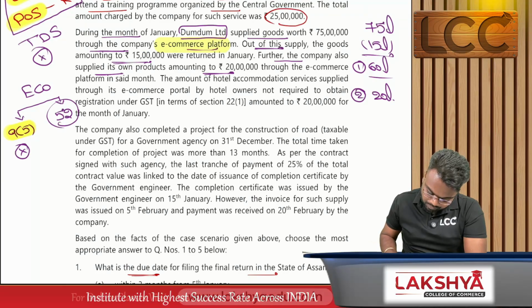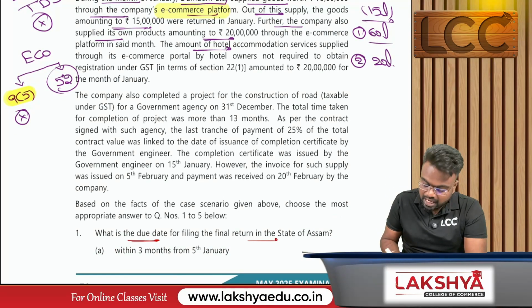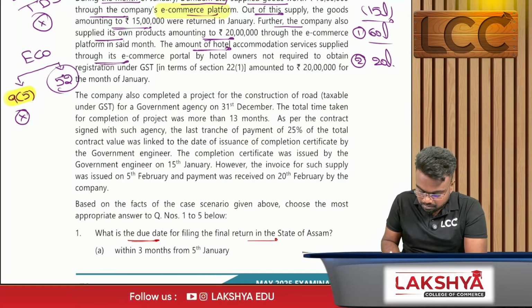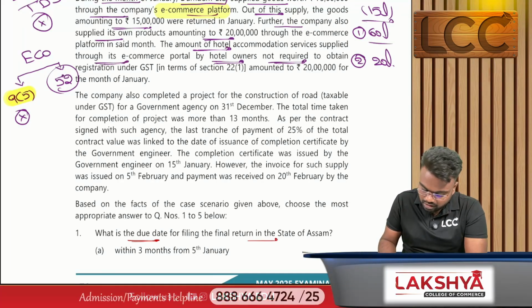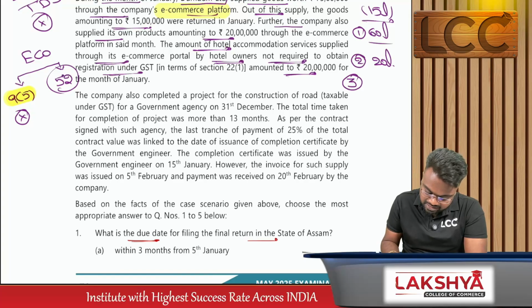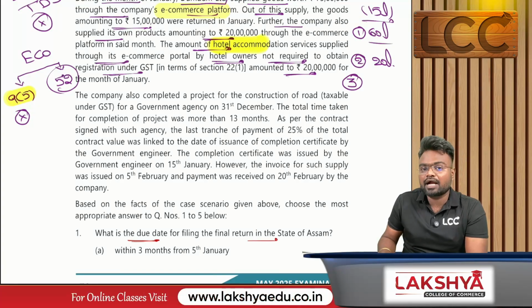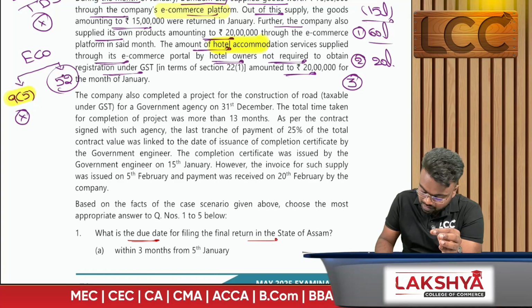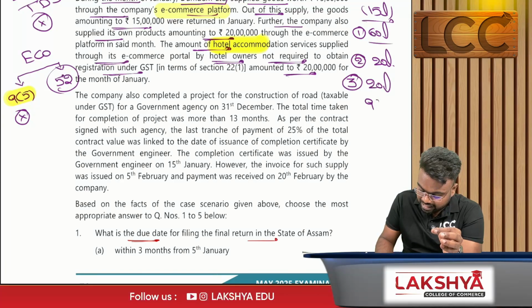So what is the own supply? 20 lakhs. Third one, the amount of hotel accommodation services supplied through its e-commerce portal by hotel owners who are not required to obtain registration under GST, amounting to 20 lakhs. The third one is a specified service, that is hotel accommodation, covered under 9(5).